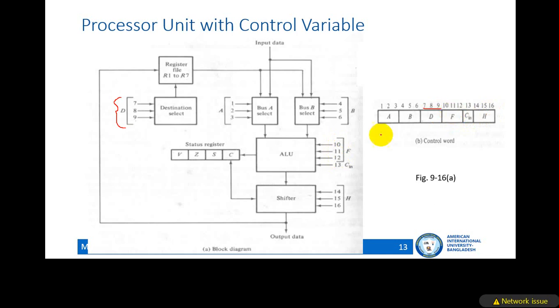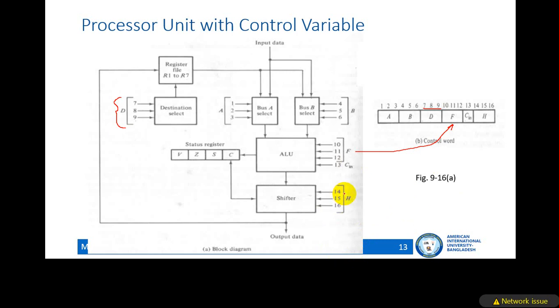Then the carry in bit is specified as 0 or 1 depending on your requirement. For arithmetic operations, the carry in bit has meaning. For logic operations, it is meaningless; you don't use the carry in. Don't care.